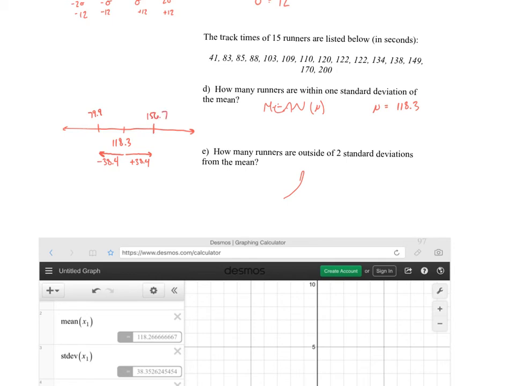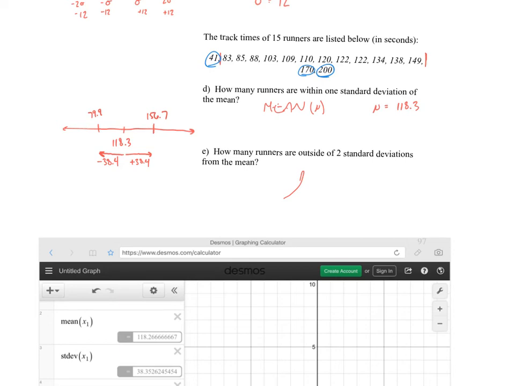So let's figure out how many runners are within this measure. 79.9 looks like it starts here, and 156.7 would be here. So of all of our runners, it looks like there are only 1, 2, 3 that are not in this group.